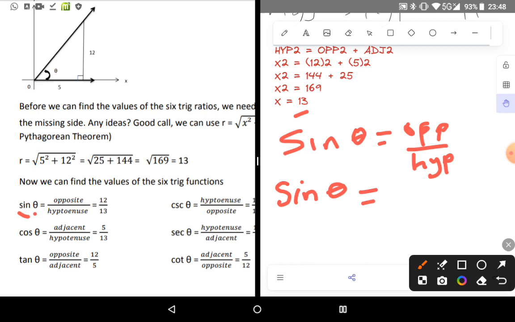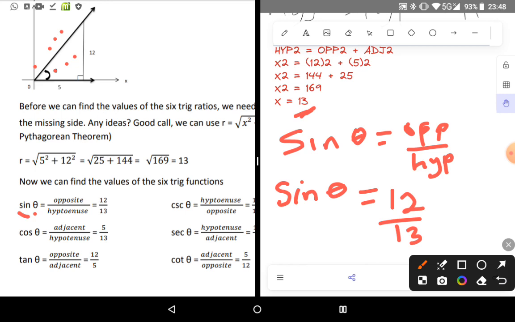As you can see, the opposite side facing the angle is 12, over the hypotenuse, which is the longest side that we just calculated, that gave us this result, which is 13. So I'll say sin theta is equal to 12 divided by 13. By punching it into my calculator, my result will surely come out.